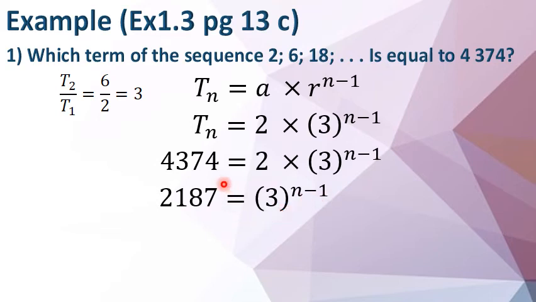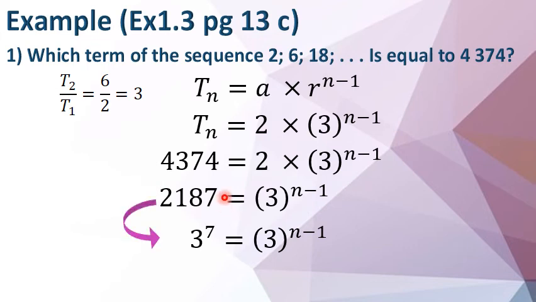Now this 2,187 is just 3 to the power of 7. How did I know that? Because whenever you are solving for exponential equations, please remember that you need to get numbers as a product of their prime factors. What am I talking about?